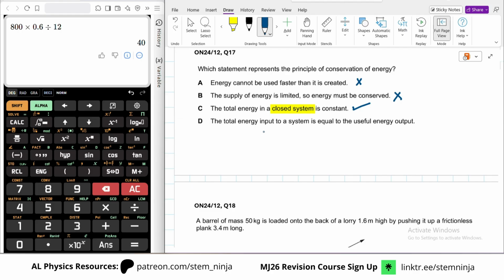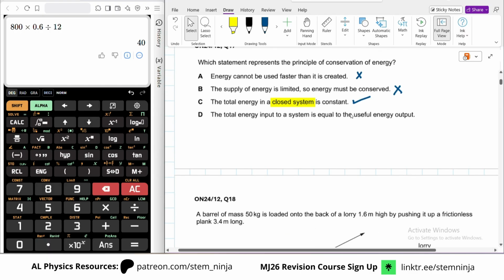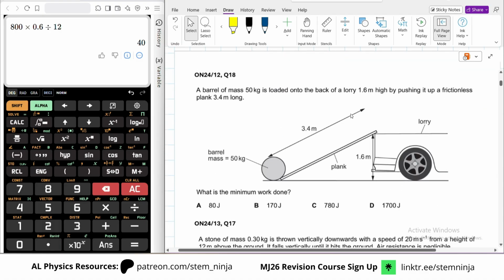There's no give or take of mass, but there's a give and take of energy and work. So total energy of that closed system would be constant. That means there could be transformations of energy inside that particular system.